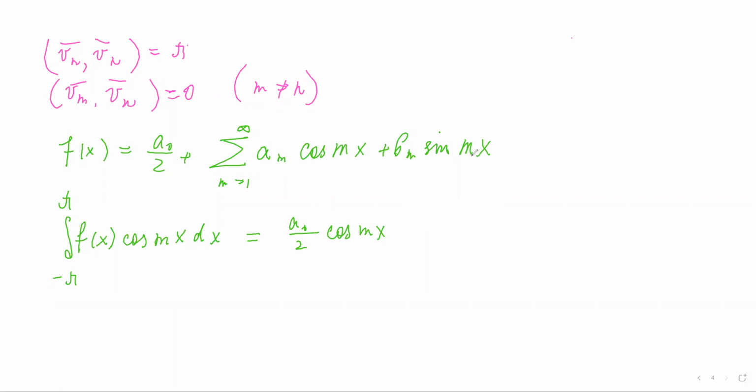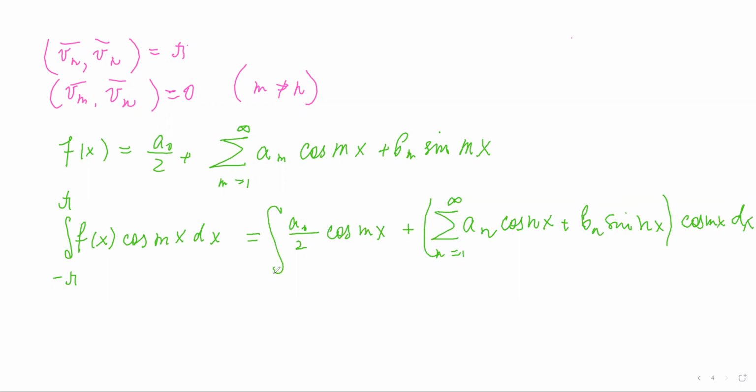So I'm going to use a different letter, plus an, n from 1 to infinity, cosine of nx plus bn sine of nx, and again multiplied by cosine of mx, dx, and here the integral.